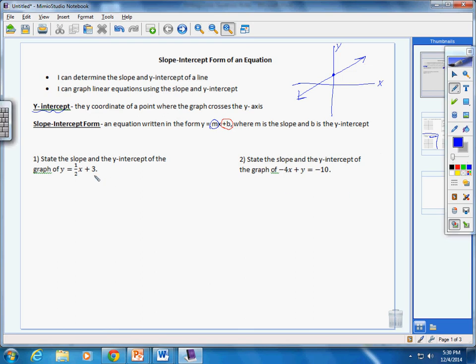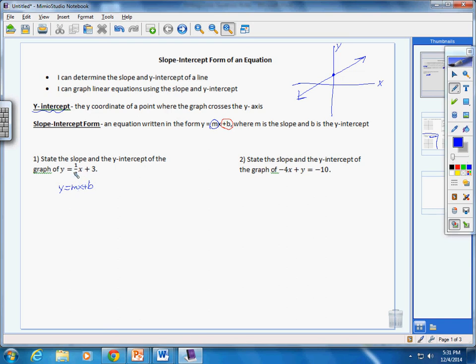So let's start out here. You guys talked a little bit about this yesterday in your inquiry lesson, fortunately, so some of this you might have already figured out. Some of this is very simple. State the slope and y-intercept of the graph of y equals 1/2 x plus 3. This equation, fortunately, is already in the form we want it to be in. y equals mx plus b. x is just itself.